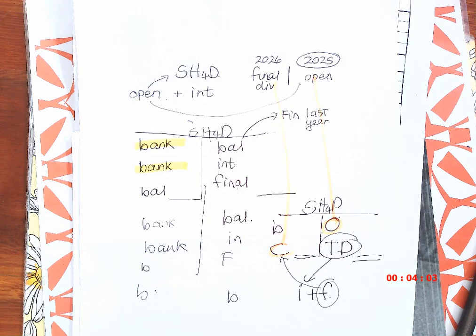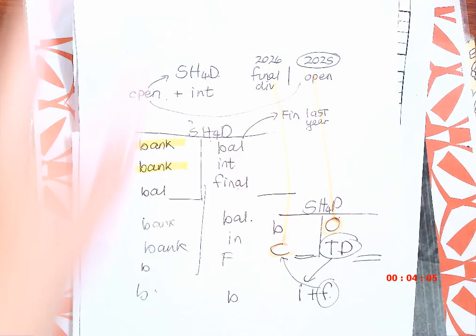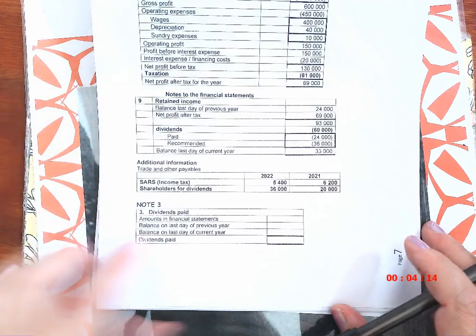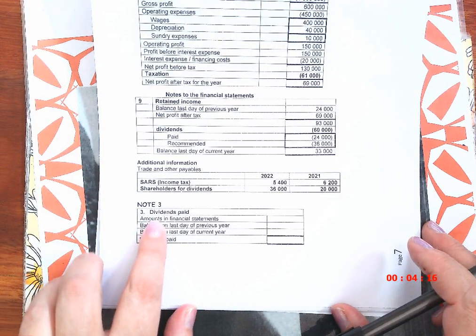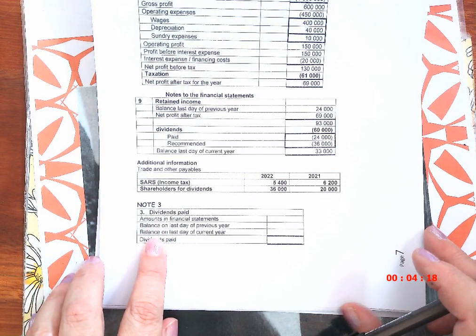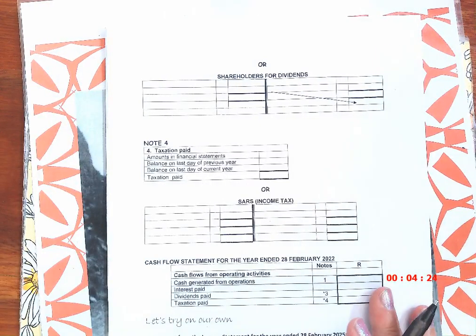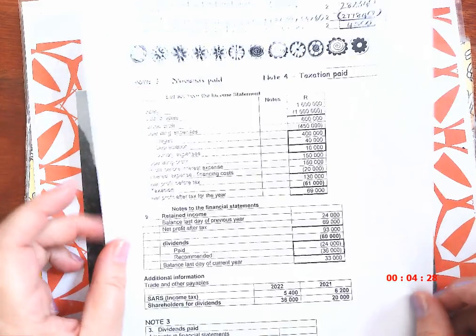Okay. So let's go look what they say to me. If I look here, they tell me. Now can you see they give you as a note, vertical, or they give it to you as a T account, right? But what I prefer is first to look.